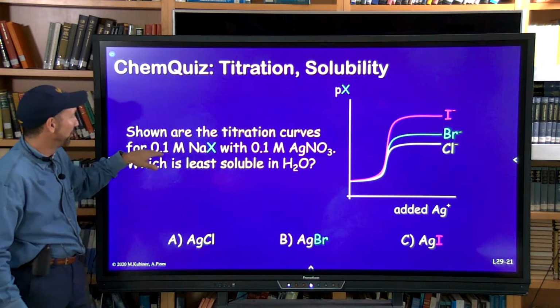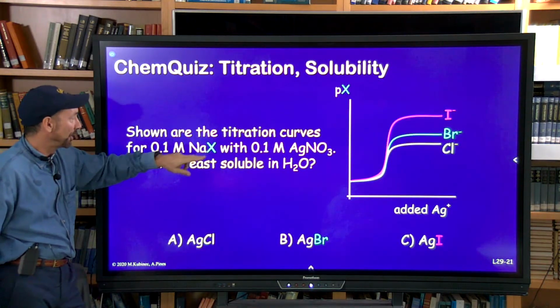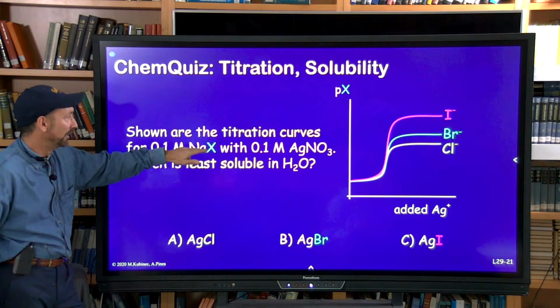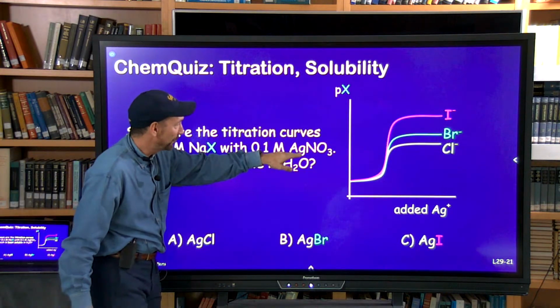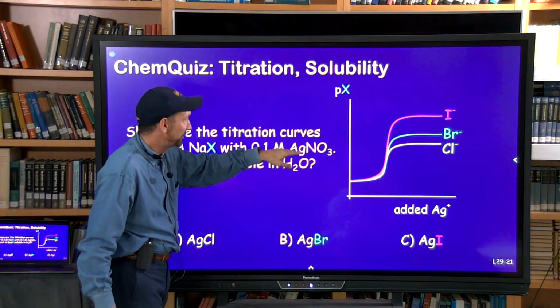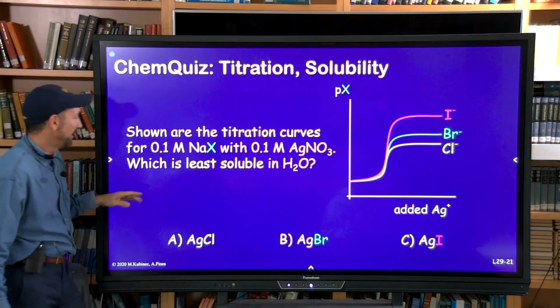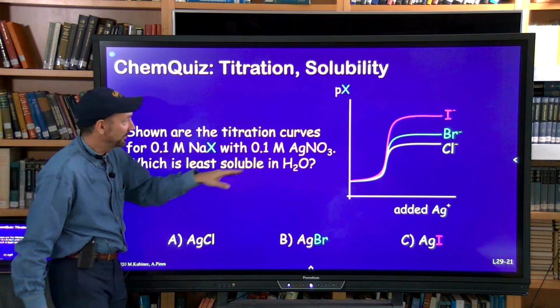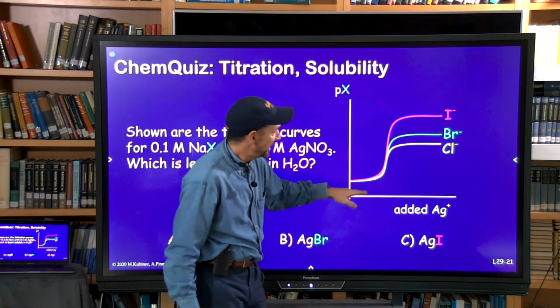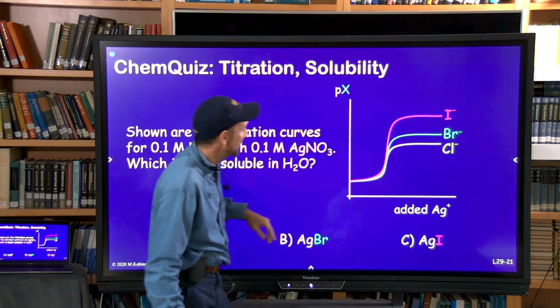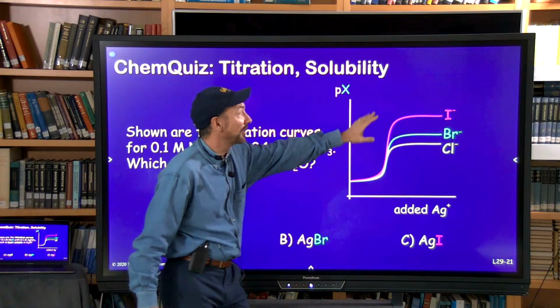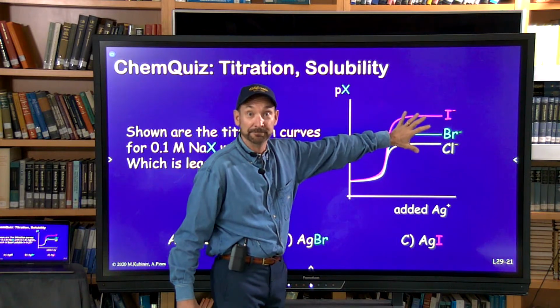So that gives you 0.1 molar chloride ions, bromide ions, or iodide ions. And then you titrate it with silver nitrate. Now, you're putting silver ions in, and that changes the concentrations of the chloride, bromide, and iodide, and we're taking minus log of the concentrations and plotting them.